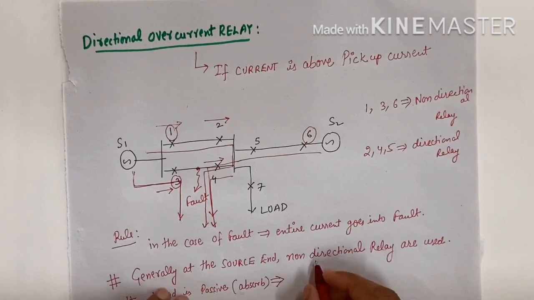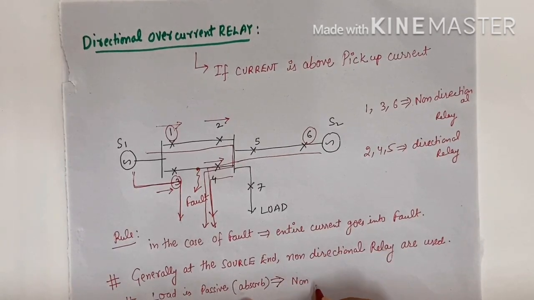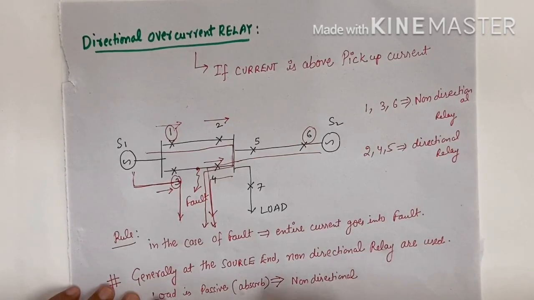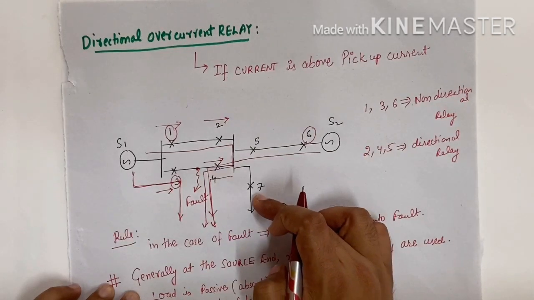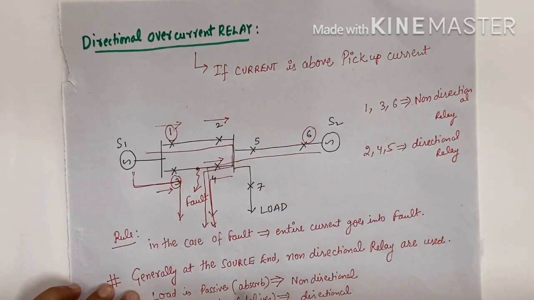Then the relay is a non-directional relay. If the load is active, it will deliver power to the element, then it is called a directional relay. Okay, so it depends on the load. If the nature of the load is passive, then it is a non-directional relay. If the nature of the load is active, it is called a directional relay.